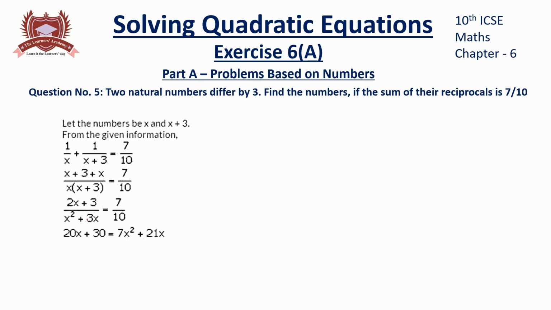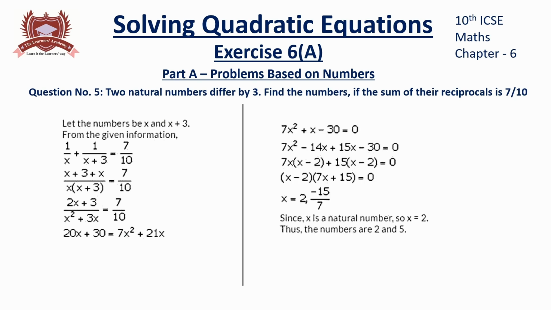Then it would be 2x plus 3 upon x square plus 3x is equal to 7 upon 10, or 20x plus 30 is equal to 7x square plus 21x, giving me 7x square plus x minus 30 is equal to 0. Now how much multiplication do we need? 7 multiplied by 30, that is 210, also negative, and we need to find factors whose sum is 1. The easiest factors that we get are -14 multiplied by +15. Multiply both and the answer is 210, add and the answer is +1.